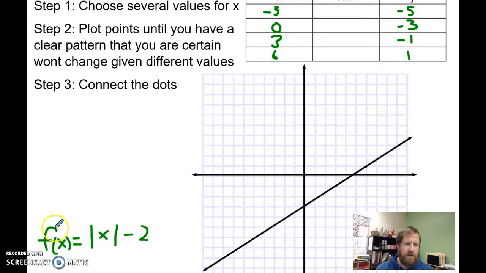So if I took this function, the absolute value of x minus 2, if I just used positive values of x, I would come up with a straight line. So if I had 1 minus 2 would be -1.